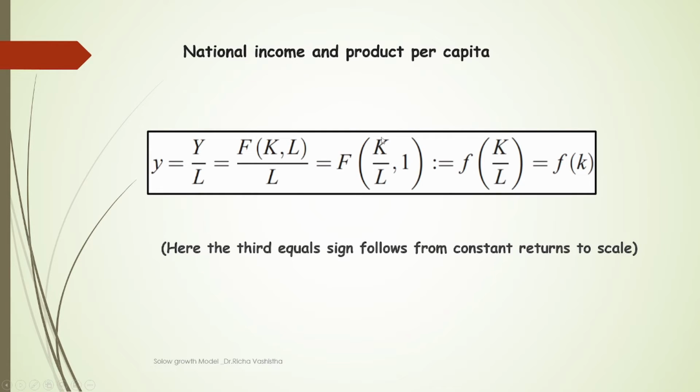This can be further expressed as small f of K upon L, and this K upon L is nothing else but small k, which denotes the capital to labor ratio, and since it is constant return to scale, that is why the third equal sign denotes that.